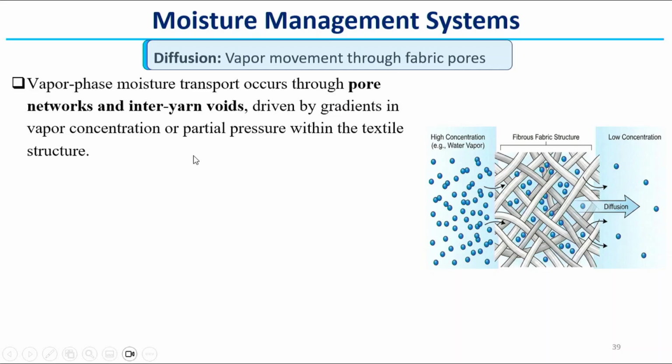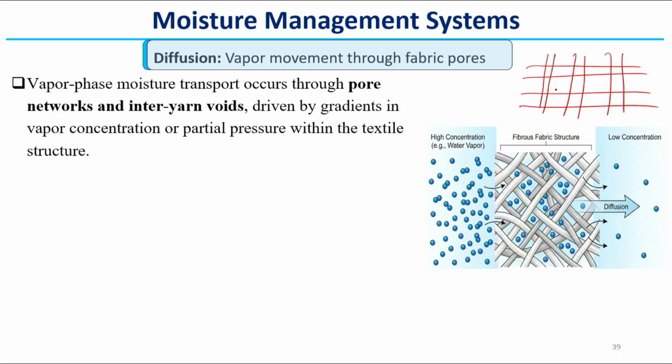So, there are two types of voids in the yarns. Inter yarn voids are there, and within the yarn this type of porous structures are there.